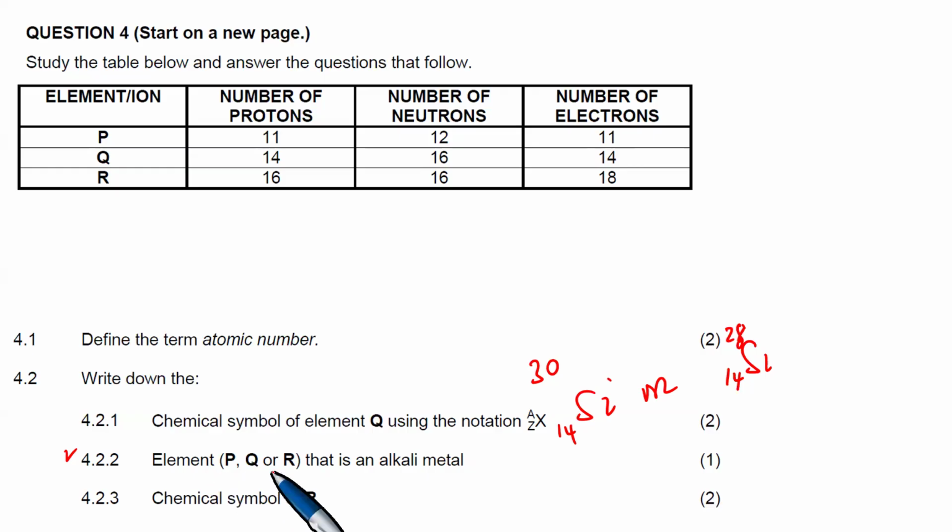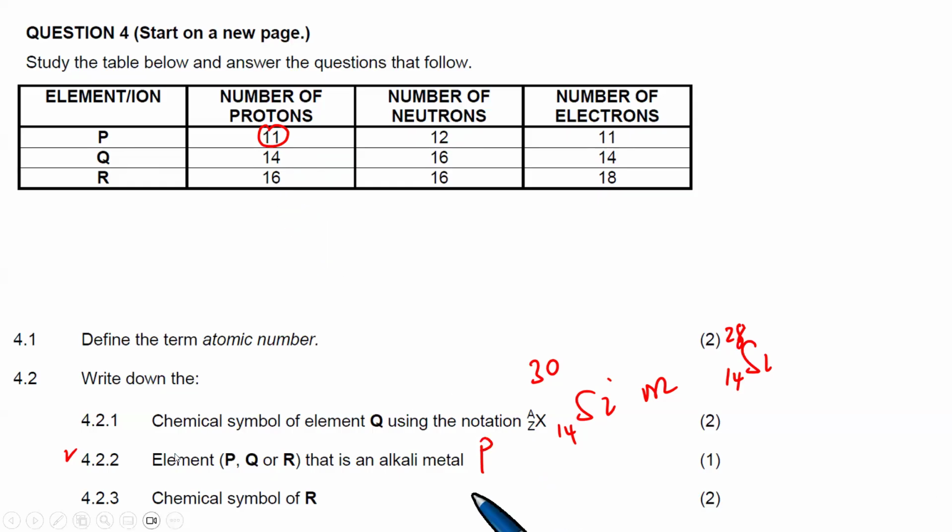So in 4.2.2, the element that is an alkali metal here, you need to look at that very carefully, is the element P. That is an alkali metal. And now the element P with 11 protons. So you can write the element P, so the P is an alkali metal.